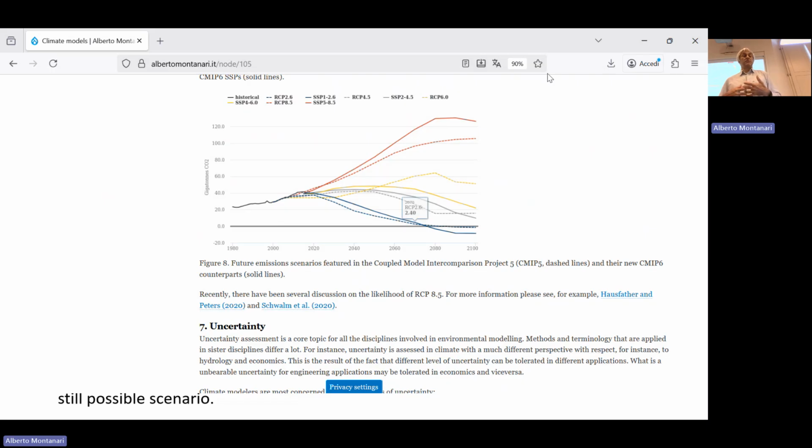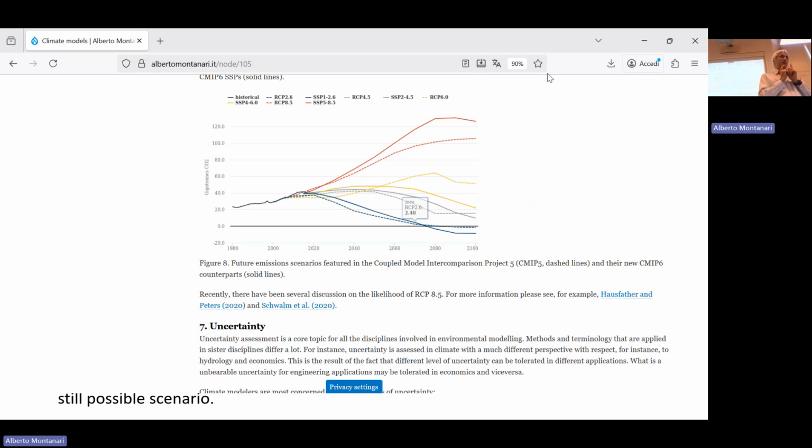And so the problem is that when you make a cost-benefit analysis of a mitigation policy, the cost becomes very large if you take these scenarios. And therefore, from several scientific opinions, we get the suggestion to refer to RCP 4.5 and not 8.5.